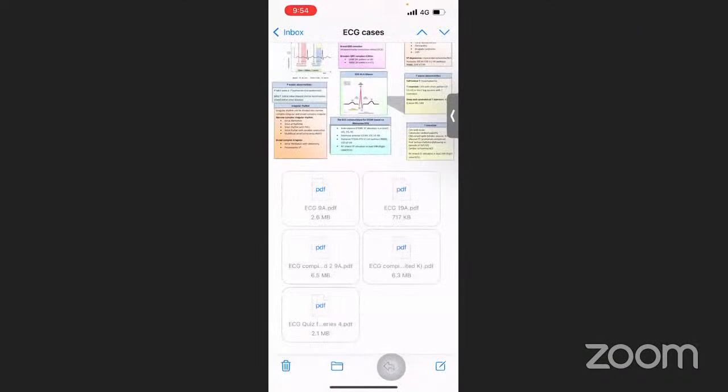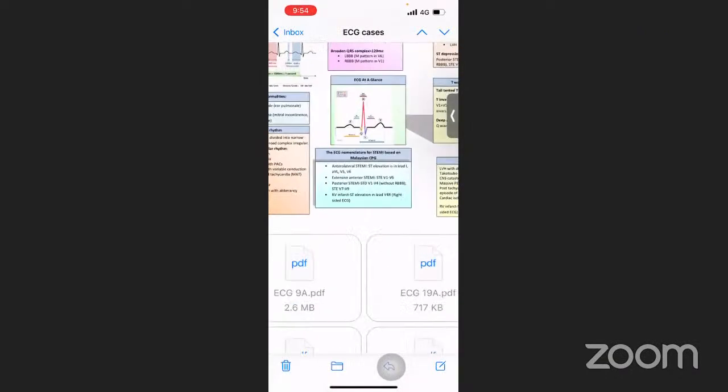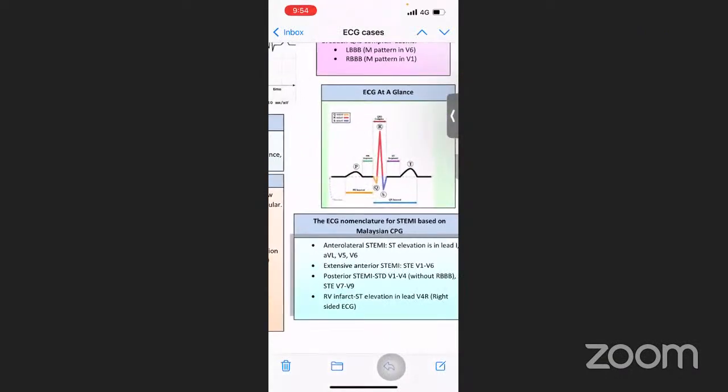Okay, let's sum up what we learned today. Today we talked about what ECG is, the electrical rhythm from the heart, starting from the SA node, AV node, bundle of His, left and right bundle branch. Then each component: P wave represents atrial depolarization, QRS is ventricular depolarization, and T wave is the repolarization of the ventricle.